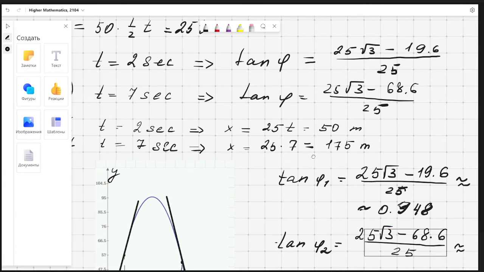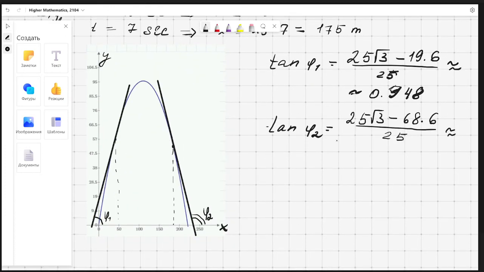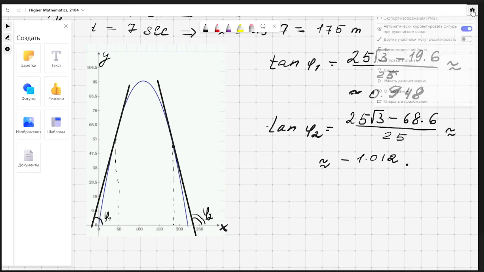Approximately. Now I go to calculate. 1.012 approximately. Is it clear? Yes.